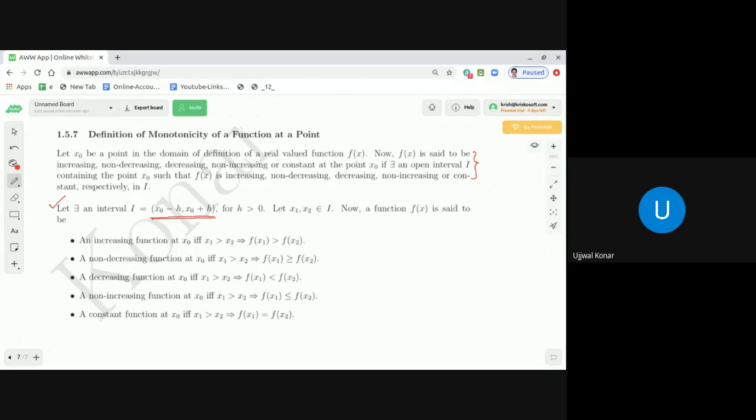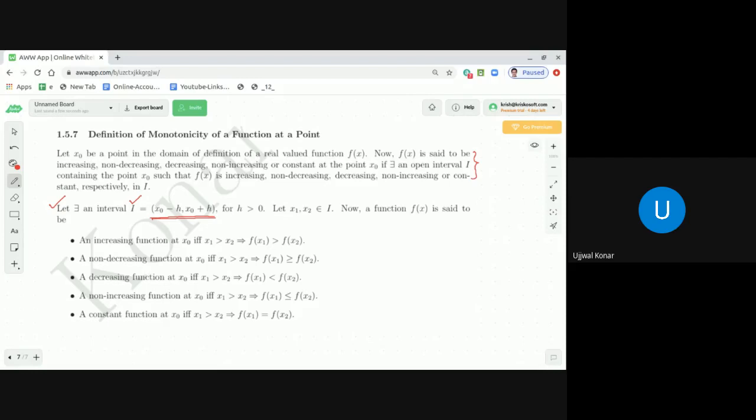Here h is greater than 0. Let x1, x2 belong to that open interval I. We define that open interval I as (x0 minus h, x0 plus h) for h greater than 0, and we are taking x1 and x2 belonging to I.